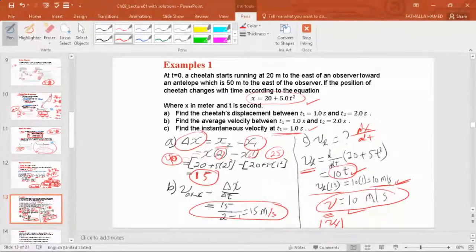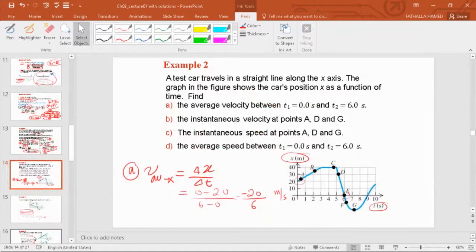So v here is speed, but Vx is your velocity. And velocity is a vector, but since we're dealing only in one dimension, we're only dealing with the x component. Is this example clear? Any question on this one? So that's basically how we deal with things like that.